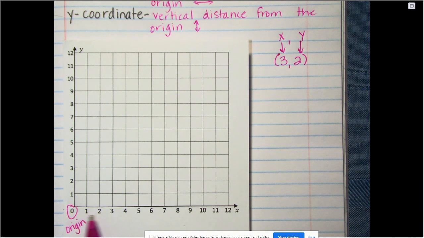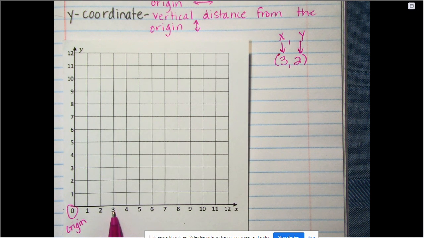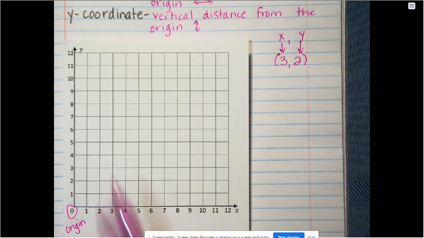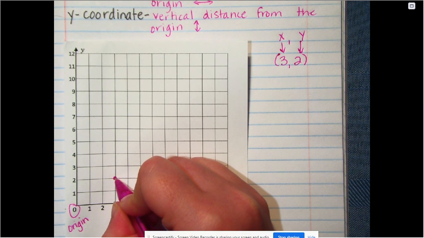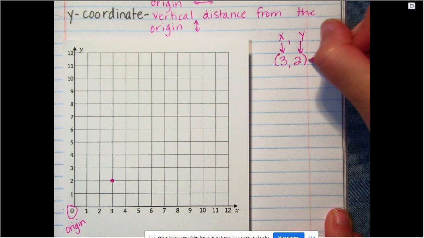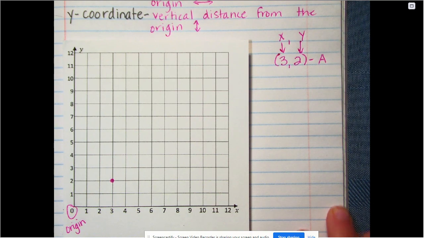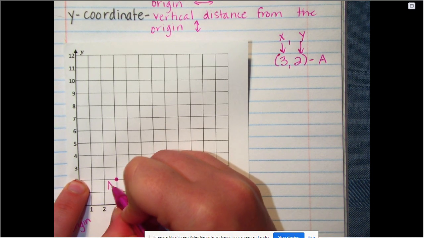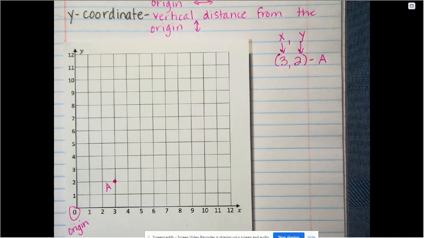So it's 1, 2, 3 away from the origin horizontally. And that second number tells me that it's 2 away from the origin vertically. So then I just count up 1, 2, and I would put a dot. Sometimes they'll tell you to label them different things. So that will be our point A. So all I would do is write a little A next to that point.